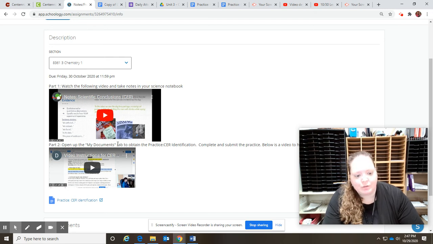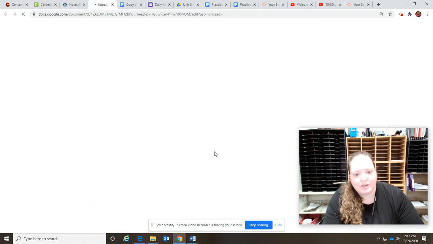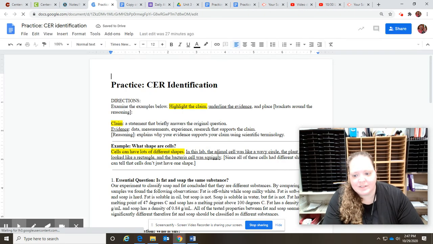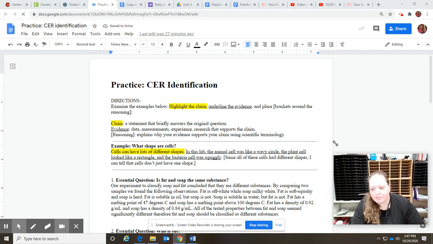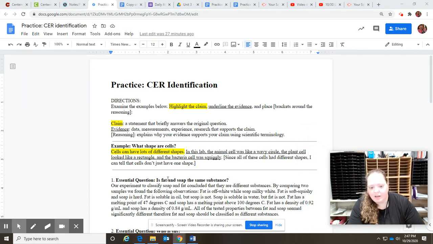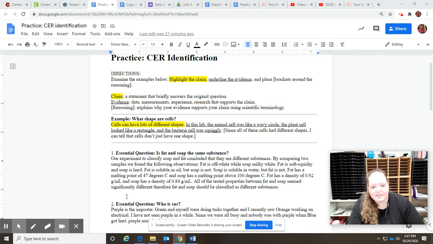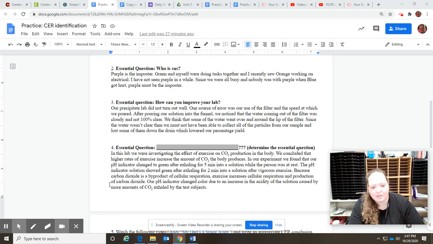Then you will open up the My Documents, and it will look like this. It's got some essential questions here, and you are going to find the claim. You'll highlight the claim, underline the evidence, and bracket the reasoning, and you will do that for these 5 questions.